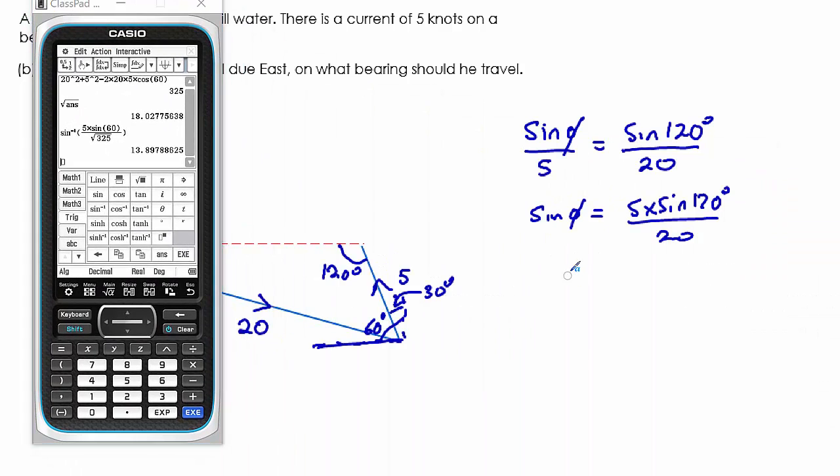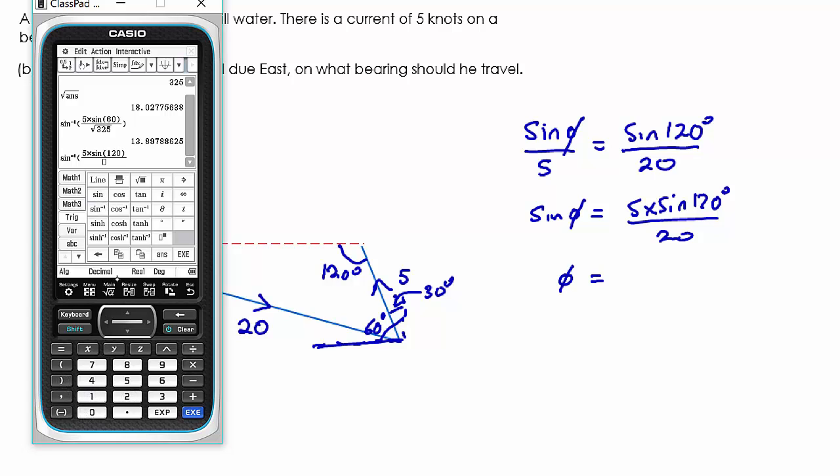So our angle phi is going to be the inverse sine of 5 multiplied by sine 120 and divide that by 20, and that would give us 12.5 degrees.